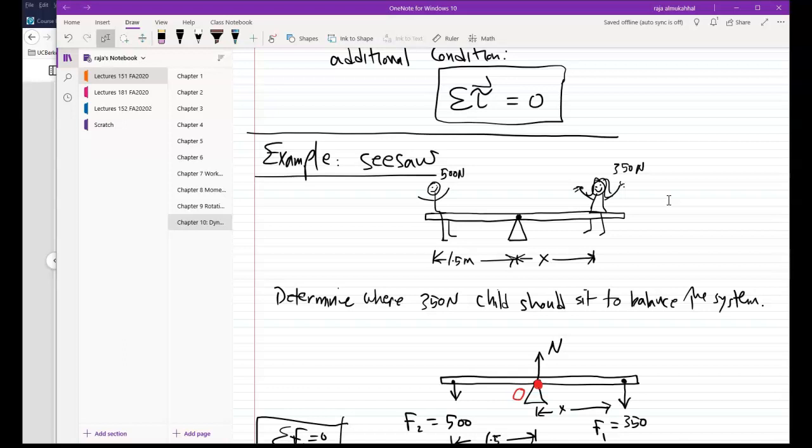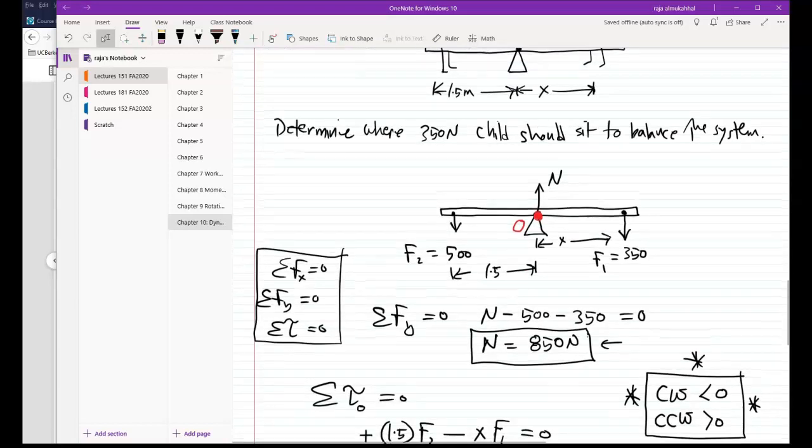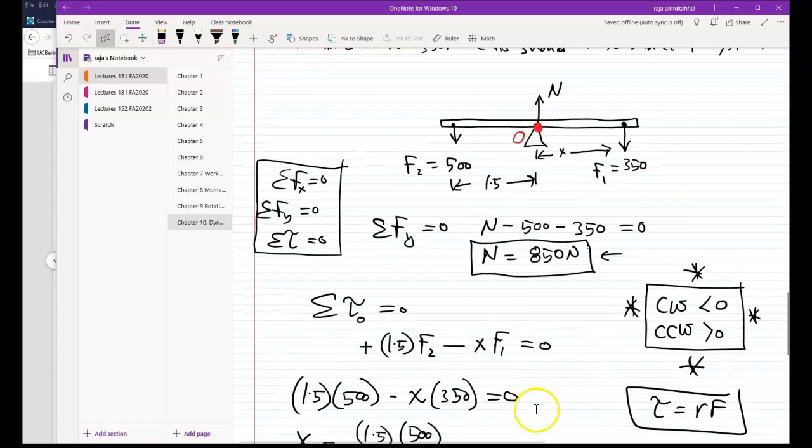You get that? Okay. That's the meaning of it. But make sure you understand the sign convention, and you always take the torque about a point. You must determine the point, always, okay? All right, good.